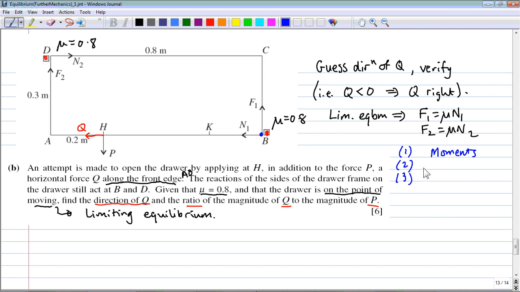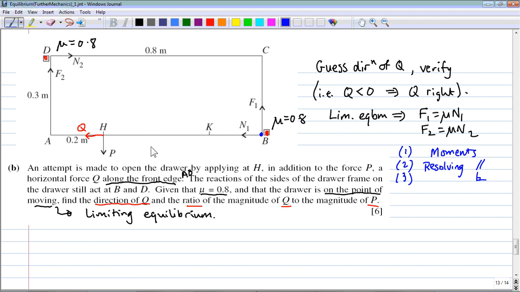Then we have resolving equations in any two perpendicular directions. So you could say parallel to and perpendicular to some particular direction. Again, theoretically, you could choose any two non-parallel directions. That would give you the required information.